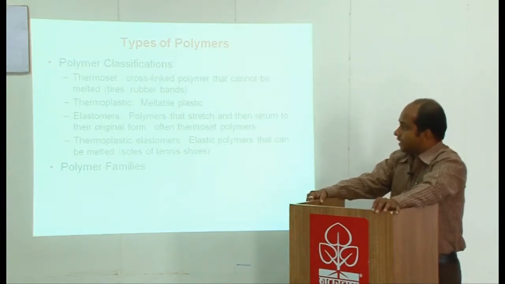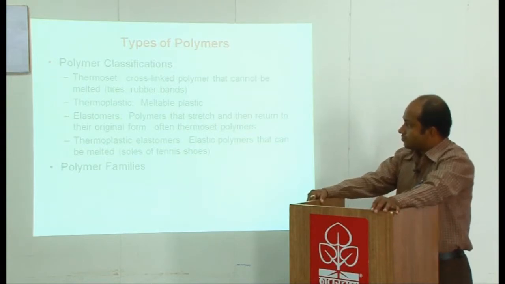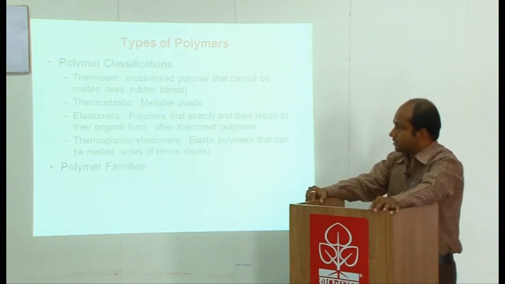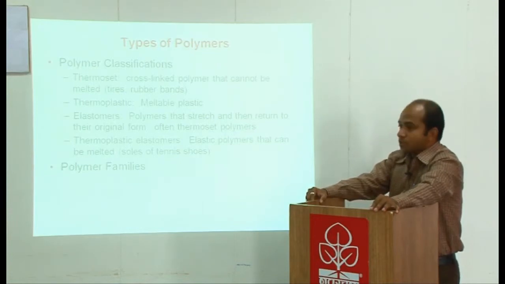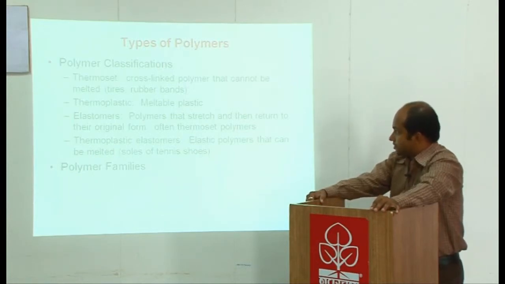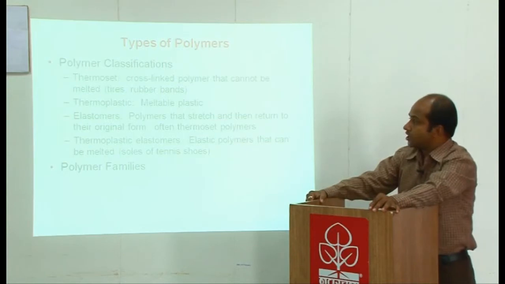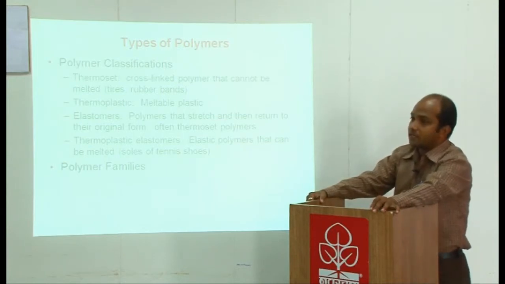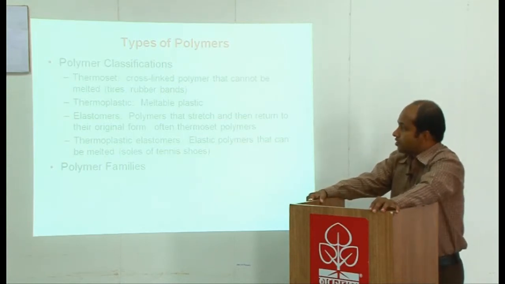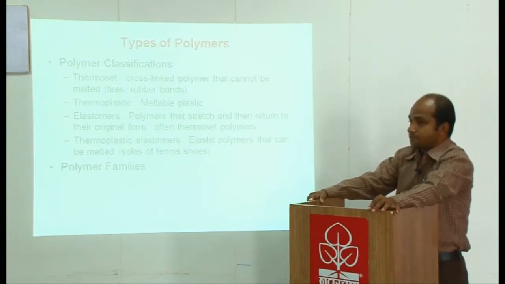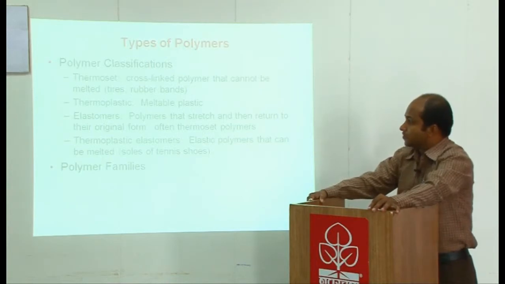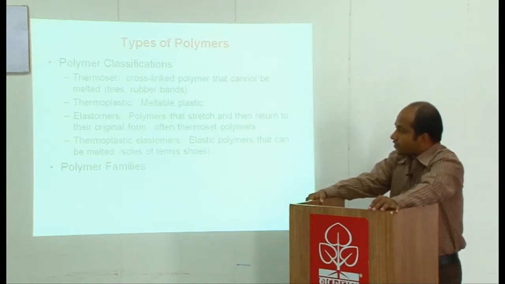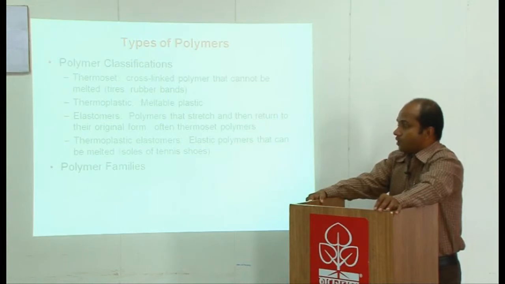There is another class, that is elastomers. These elastomers, obviously the term itself is defining it, have some sort of elasticity. In this type of polymers, the polymers can stretch and then return to their original form. So there is a change in the shape and dimensions, but upon the release of the stress, there is regain of the original form of the polymer.